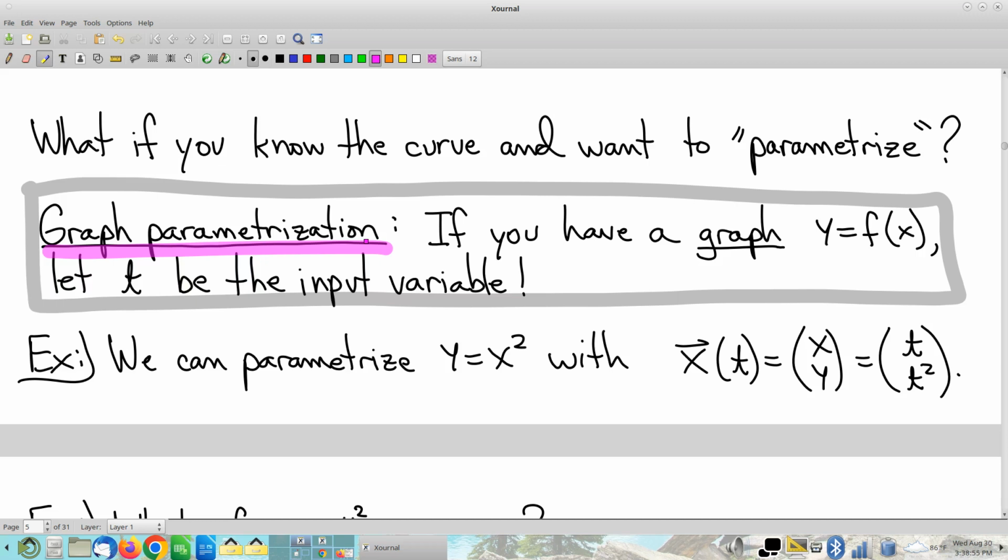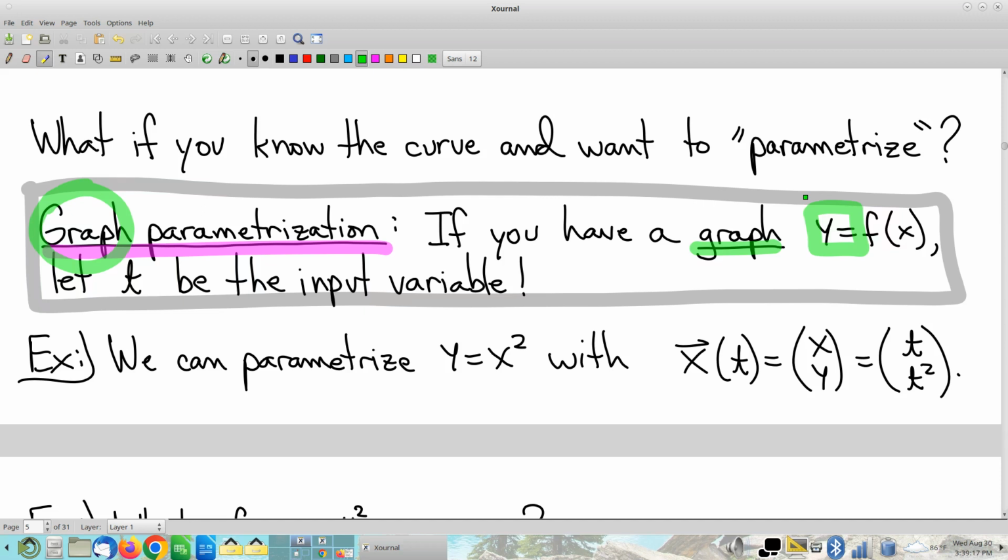Very importantly, notice it only works if you have a graph. Namely, if one of the variables is a function of the other. We'll talk more about what graphs are at a later date. For the moment, one of the variables is a function of the other.